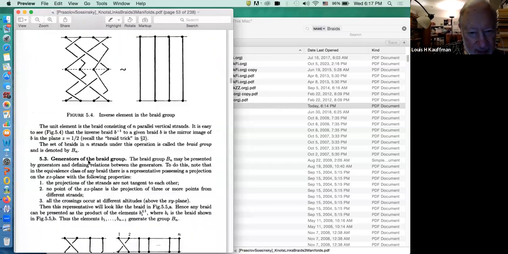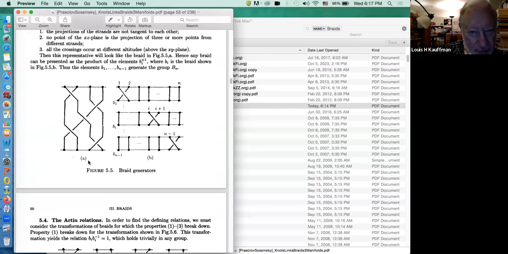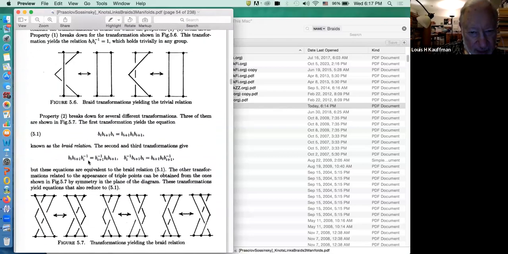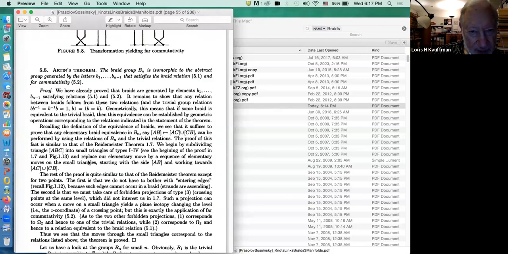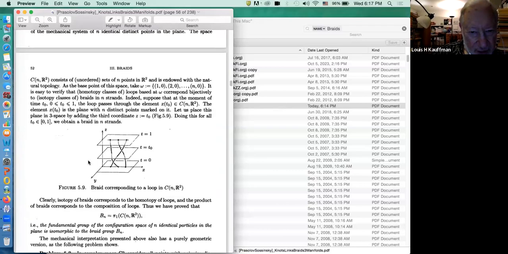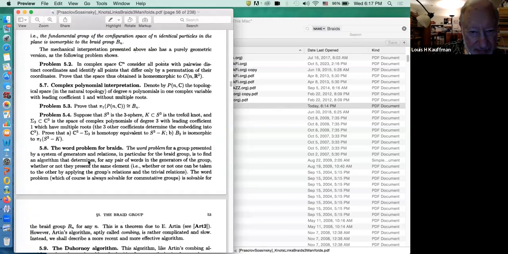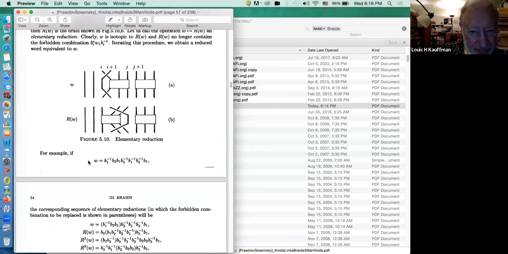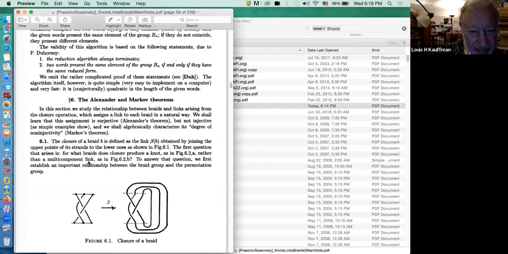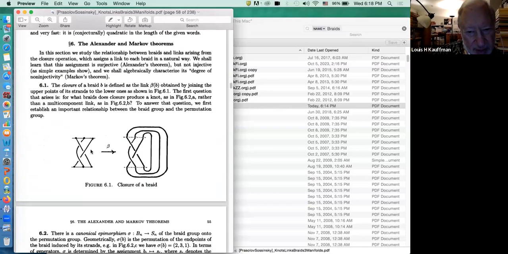And I bet that we're going to find a picture of a closure of a braid in a moment. Let's go looking just to see if he draws a closure of a braid. There. So here's a braid and here's its closure. And Alexander's beautiful theorem is that every knot or link can be written in the form of the closure of a braid. Isn't that nice?